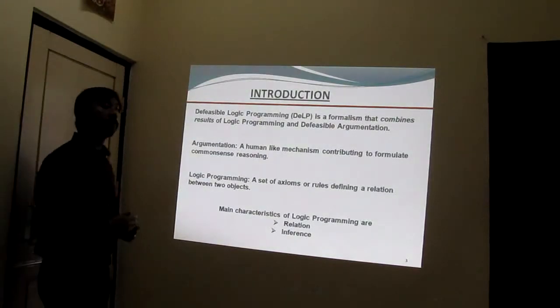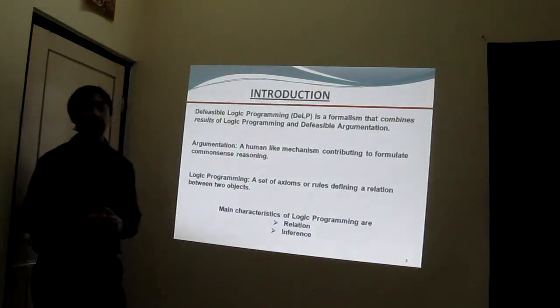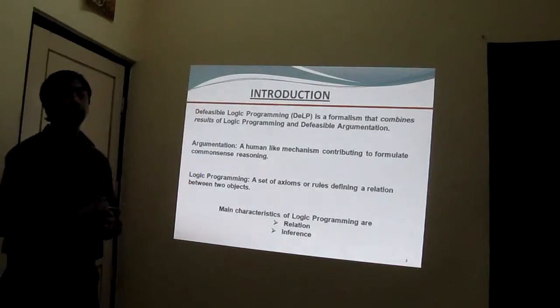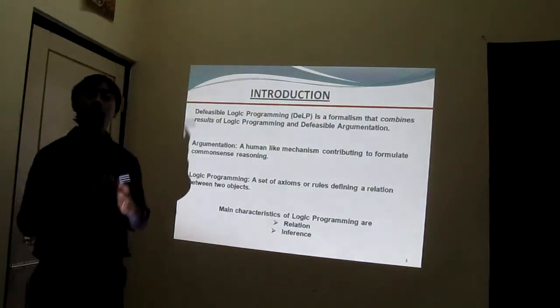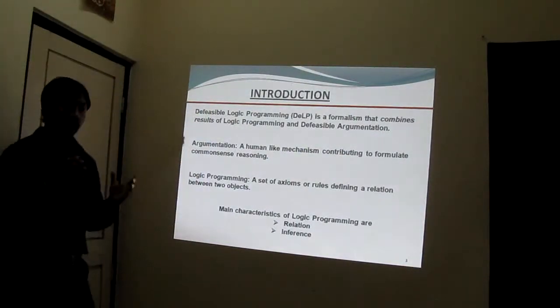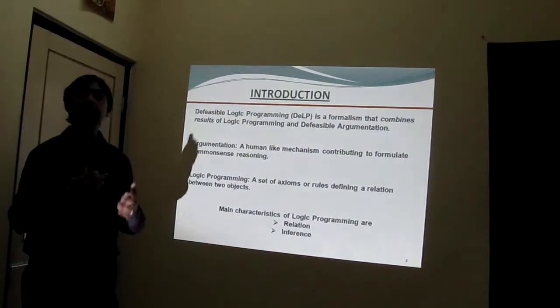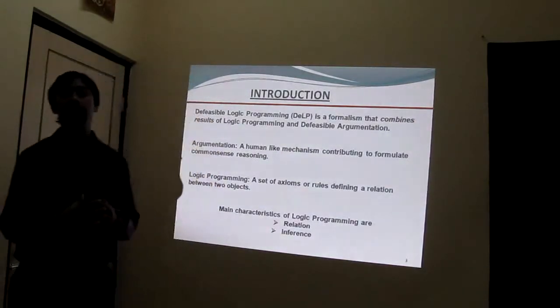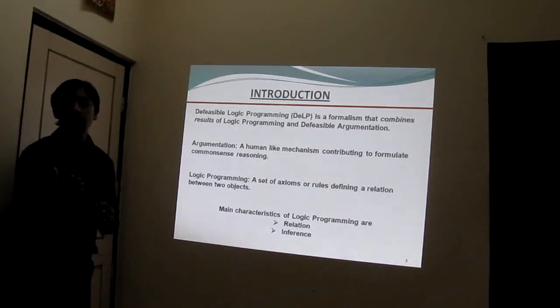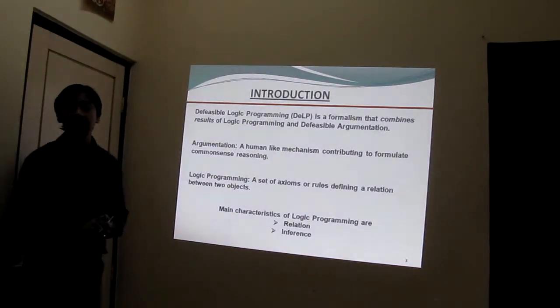So now what is argumentation? Argumentation is a human-like mechanism that contributes to formulating common sense reasoning. Argumentation is basically associated with different arguments which stand for or against a certain conclusion.